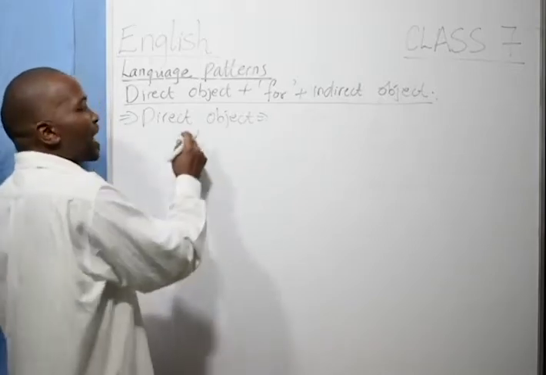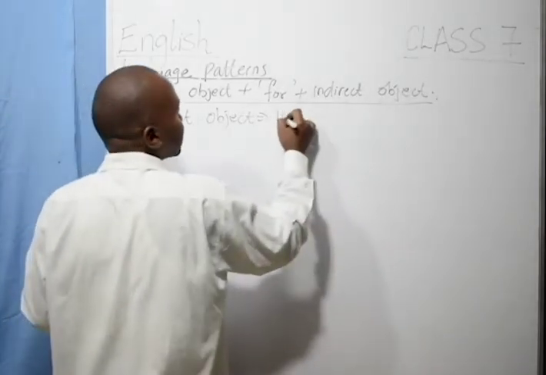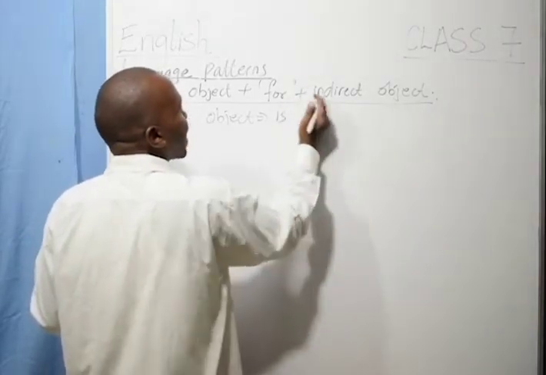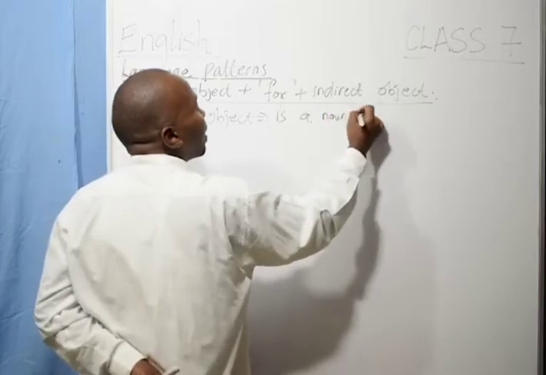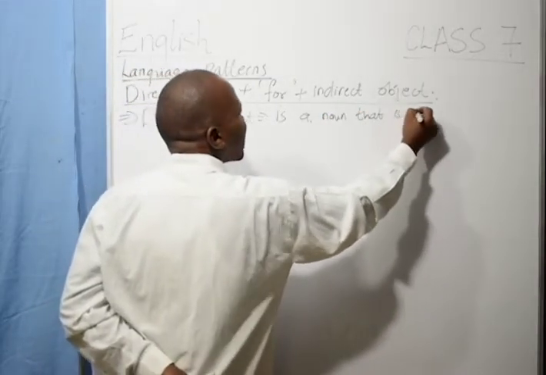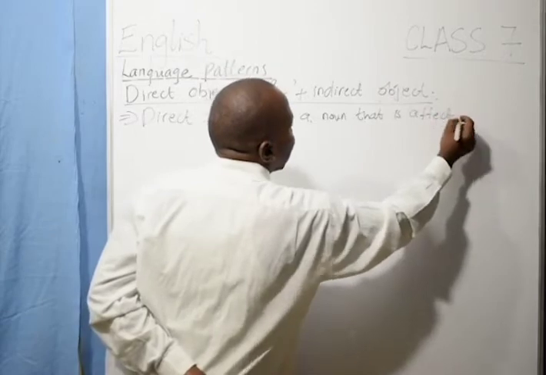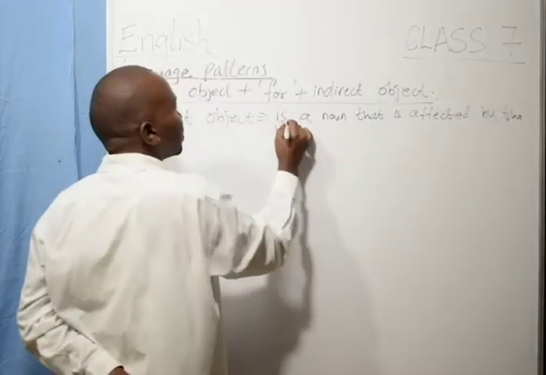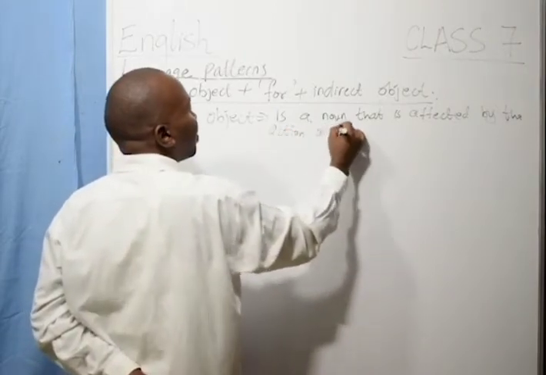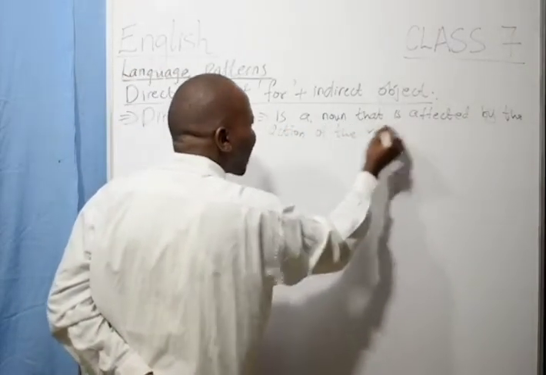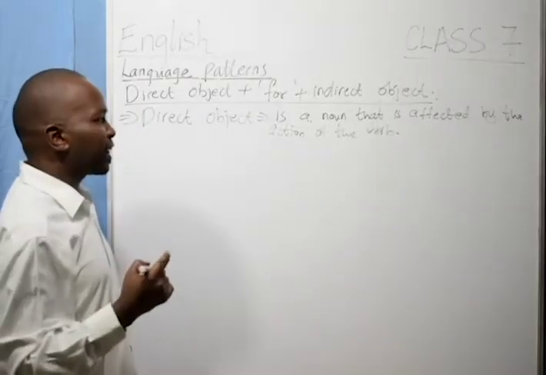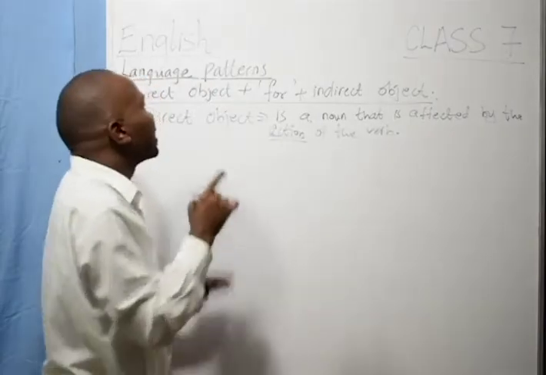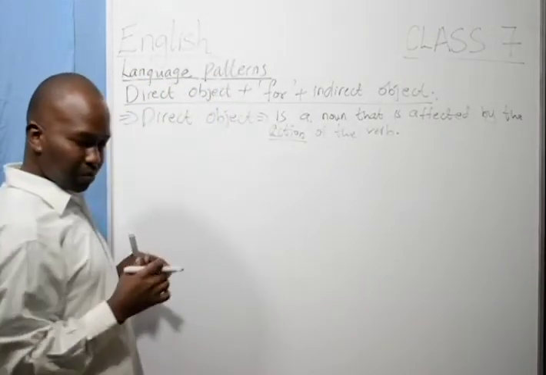Now we say a direct object is a noun that is affected by the action of the verb directly. What the verb is doing, it affects the object.